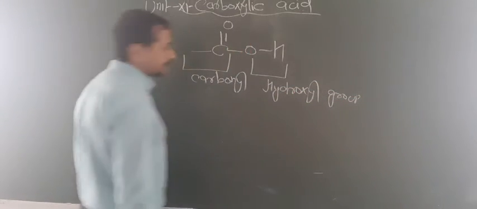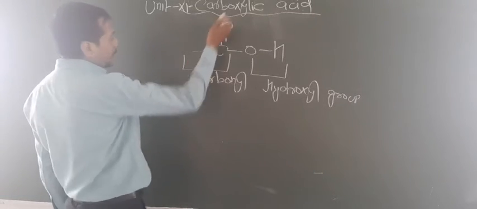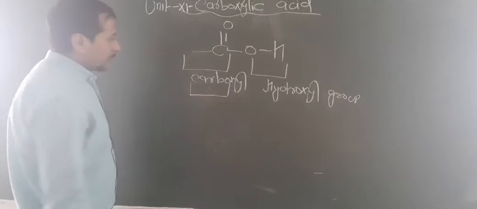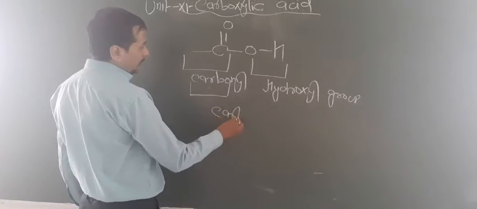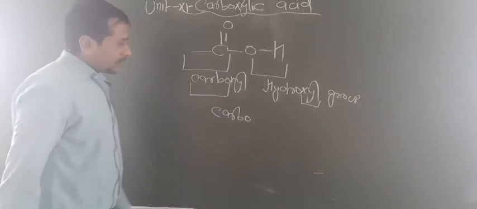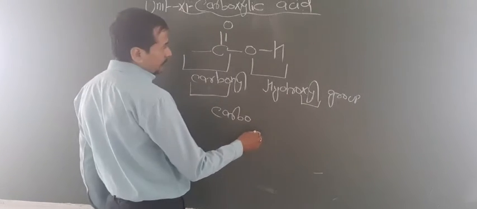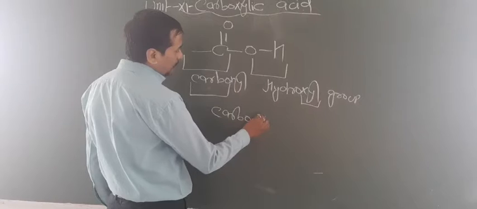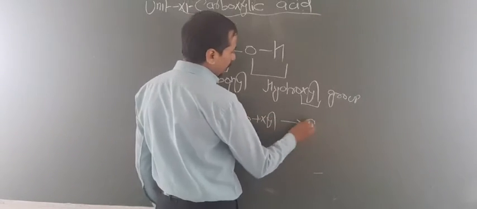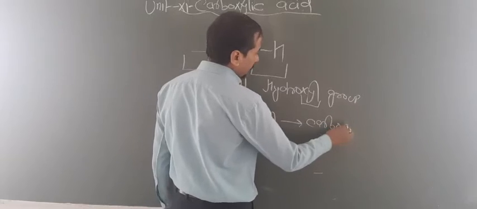Are you getting this point? Now for carboxyl, you take carbo from here, and oxyl from OH. So now you add yl. Now this becomes carboxyl. Are you getting this point?